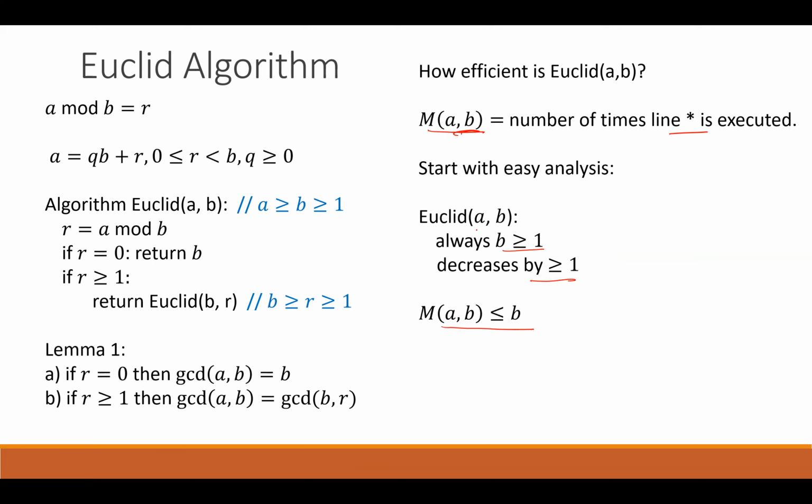So every time I make a recursive call to Euclid, I replace B with the remainder. Of course, the remainder has to be less than B by definition. If it was equal to B, then the remainder would be 0. So yeah, the number of recursive calls we can make is at most B by our easy analysis.